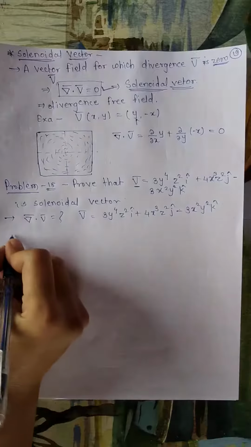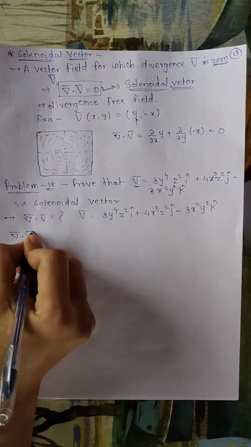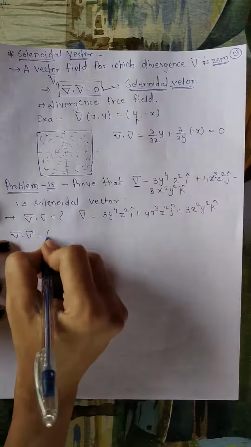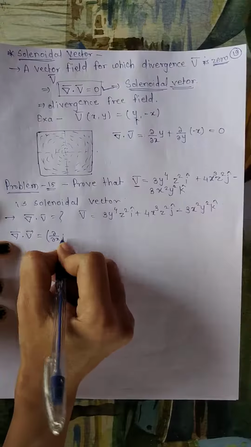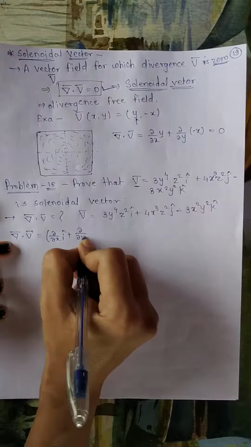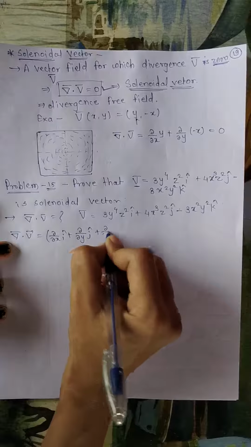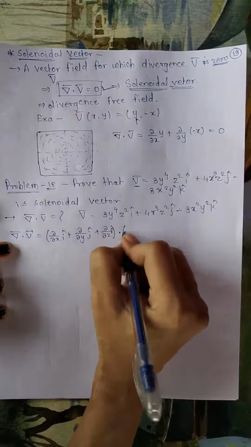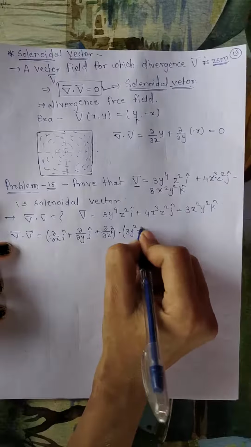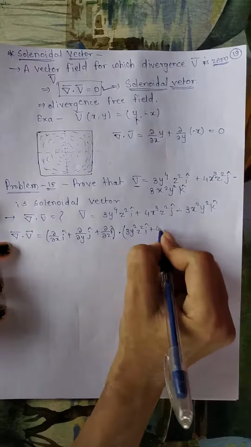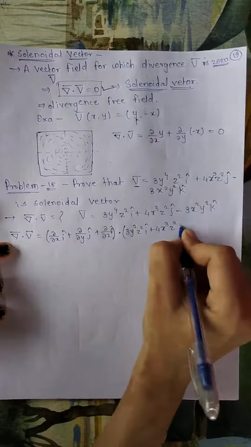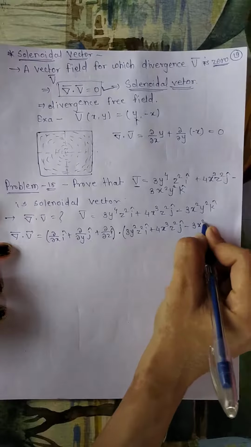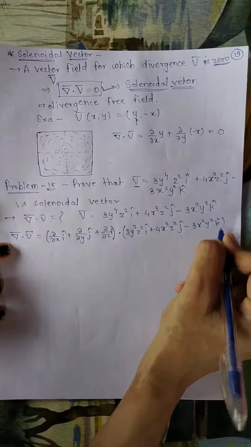Let's put the value of del, which is dou by dou x i cap plus dou by dou y j cap plus dou by dou z k cap, and it is dotted with v bar, which is 3y square z square i cap plus 4x cube z square j cap minus 3x square y square k cap. V bar is given to you.